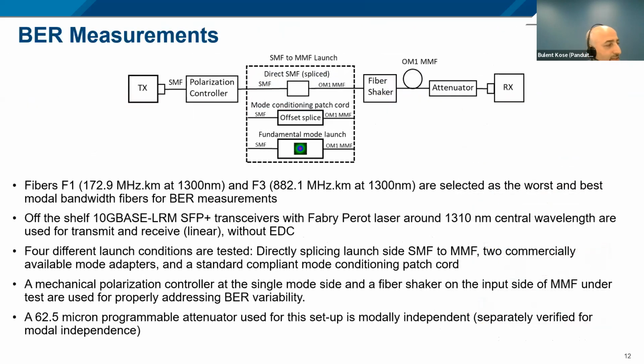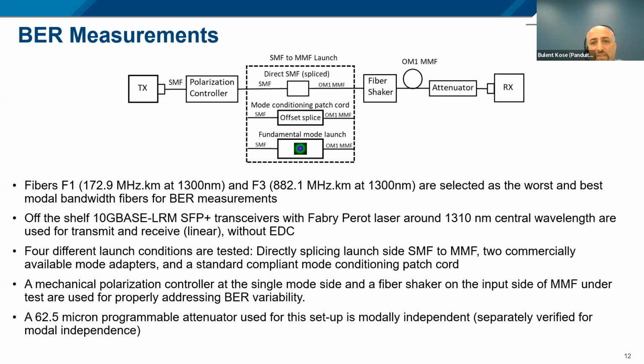So in this last section, I will talk about our measurements for bit error rate to clarify these differences between the launch conditions and the best and worst case fiber that I mentioned. For the setup, basically I have the transceivers. I use the 10 gigabit 10GBASE-LRM transceivers, and these are sort of worst case.